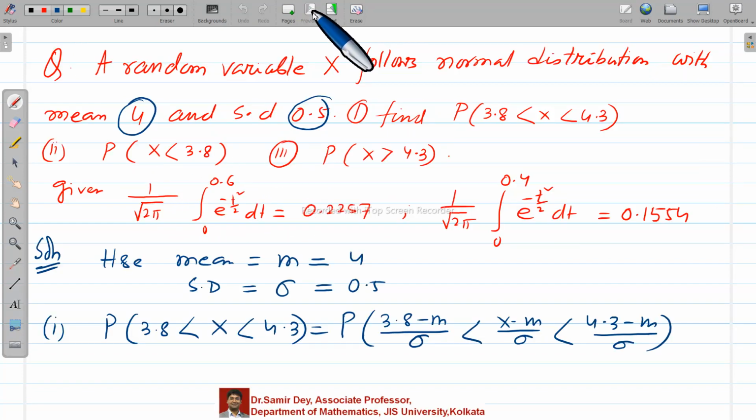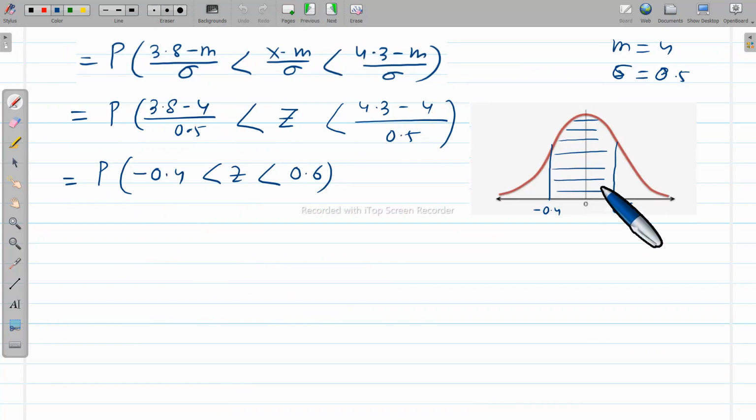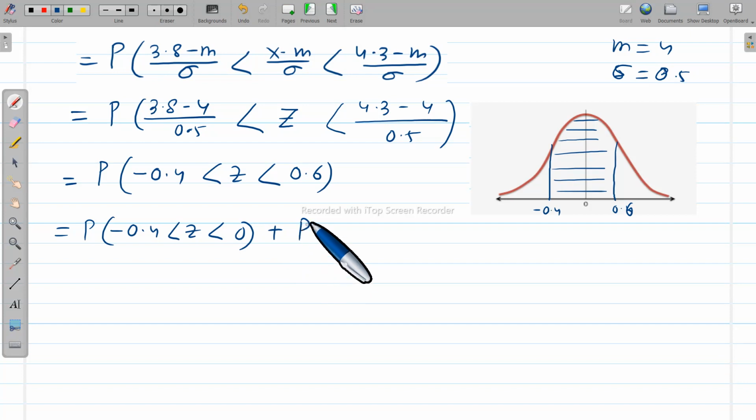Now our given information is starting from 0, so we need to connect this information with 0. Then what you do, you can write probability minus 0.4 less than z less than 0, plus probability 0 less than or equal to z less than 0.6.